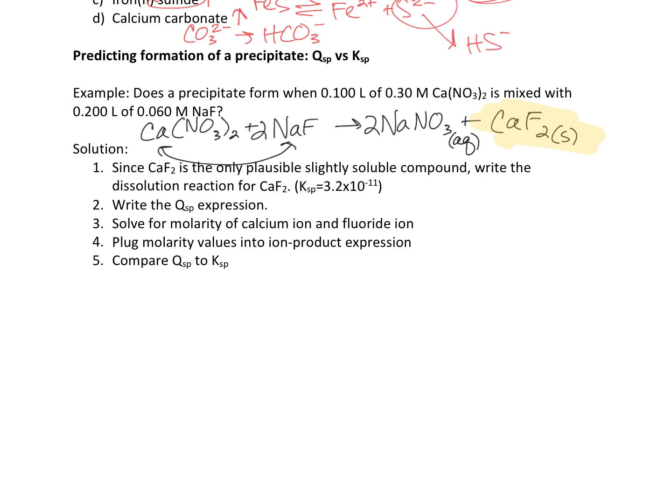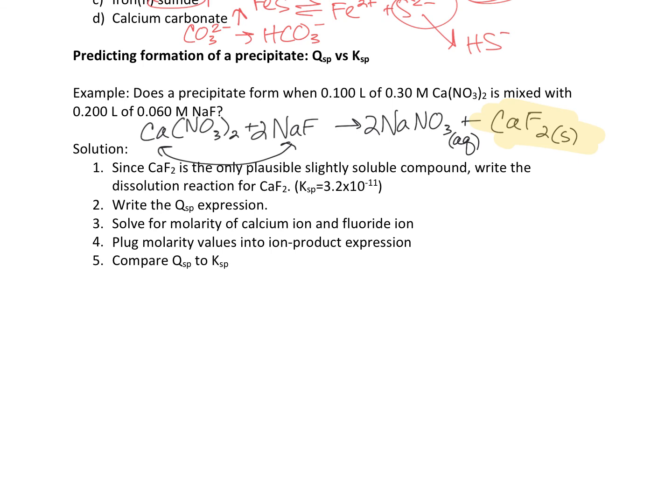So will a solid form? Well, it depends on whether or not you have enough of the ions in solution. Remember that once I get to saturation, everything else I put into the aqueous solution will be a solid. Until I'm at saturation, though, there will not be a solid.